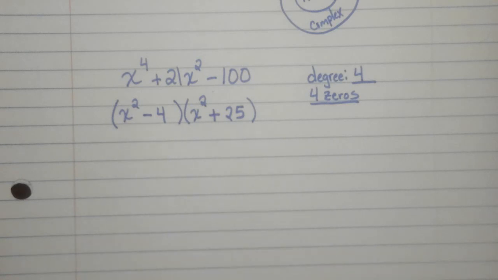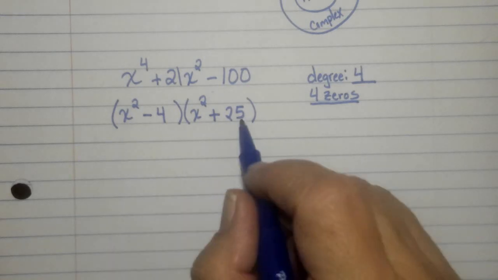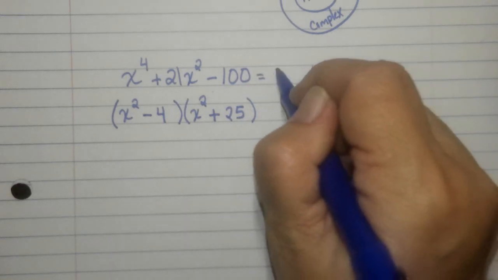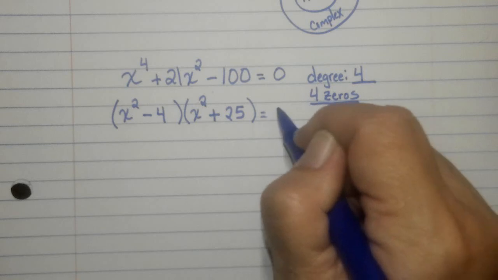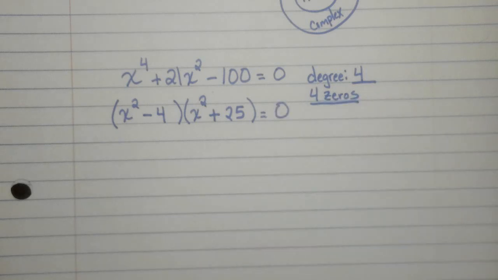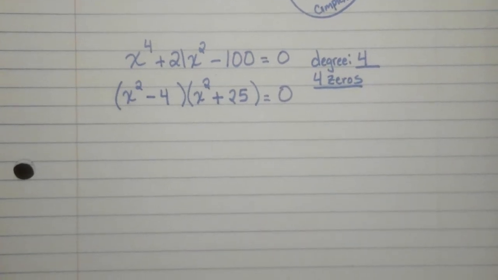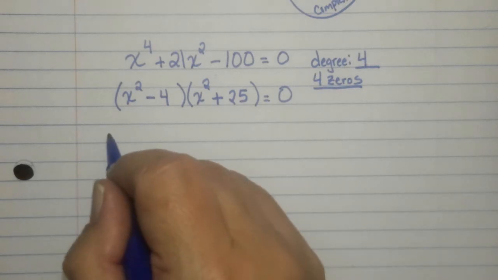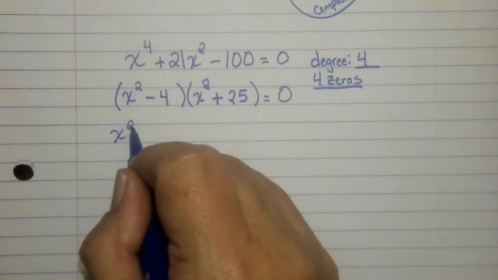All right, so if I'm finding zeros, I'm wanting to know when does this polynomial equal 0? When is my output equal to 0? So what do I do at this point? I'm going to set each factor equal to 0.